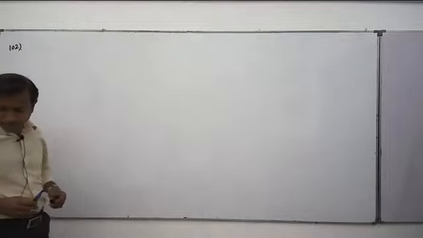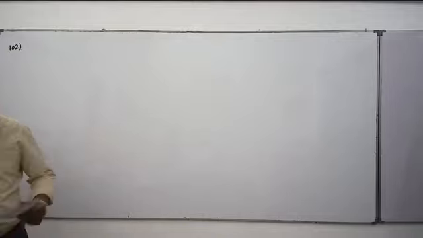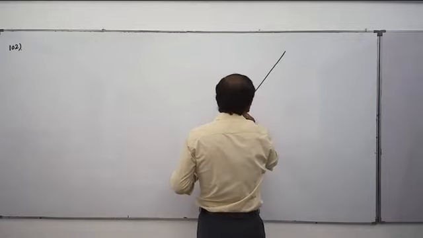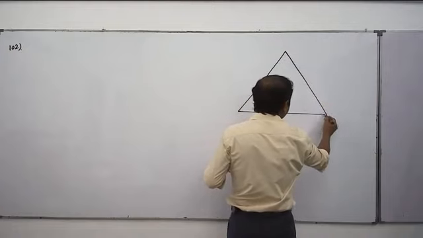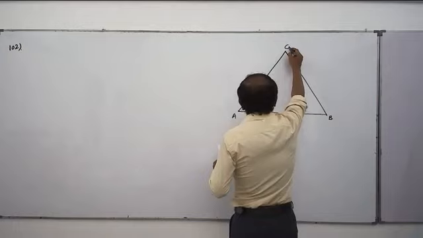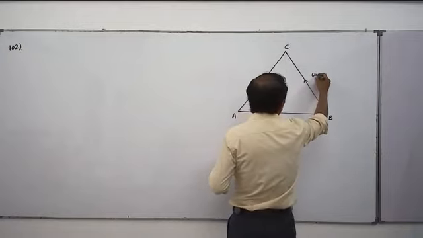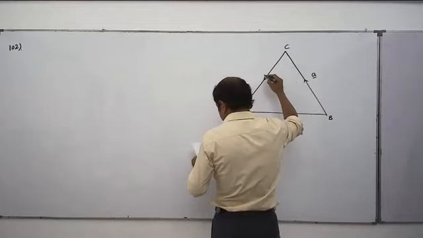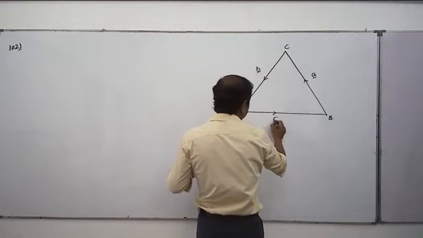It says in the triangle ABC, BC vector, this one is simple A vector, CA vector is, people, simple B vector, AB vector, simple C vector.